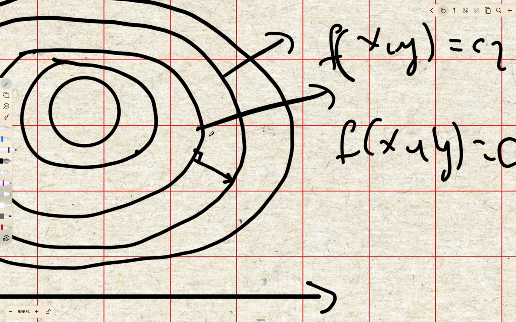So at these points, let's say f(x, y) = c1, this is f(x, y) = c2, this is f(x, y) = c3, and for the same, we take g(x, y).